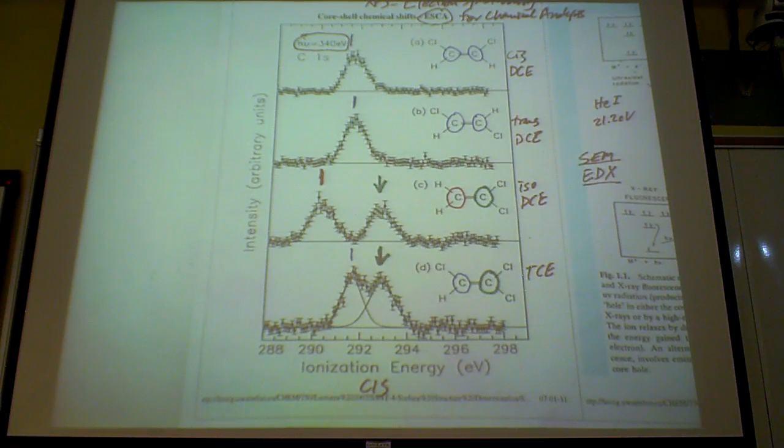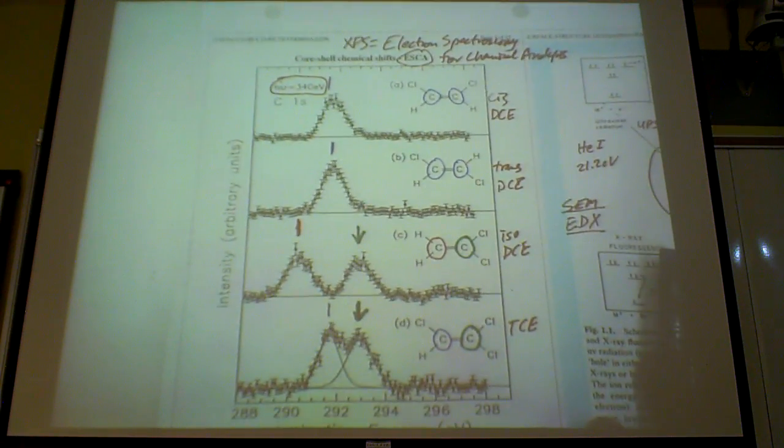That corresponds exactly to what Siegbahn is saying about the different molecular field. Even though you're talking about core shell ionization, you see this different molecular field. Okay, so this is the idea of chemical shift.